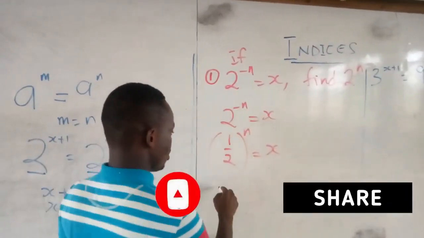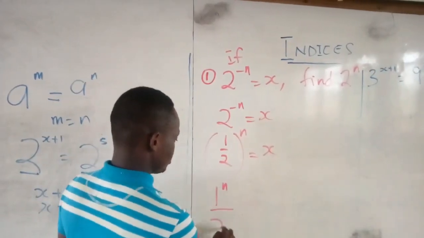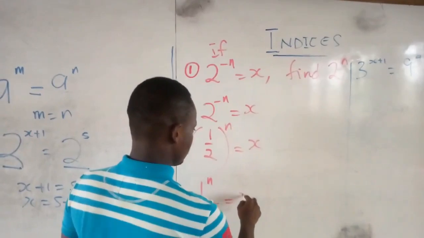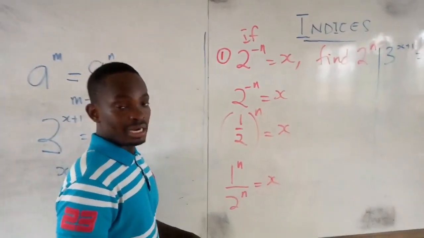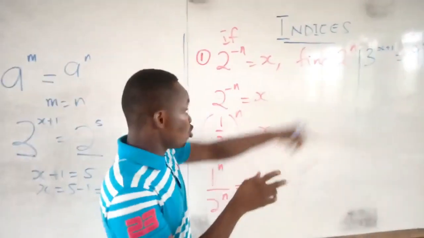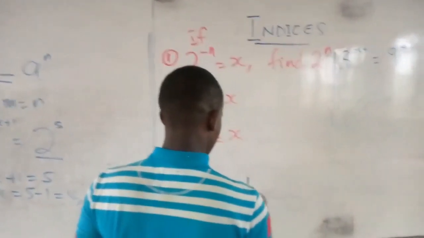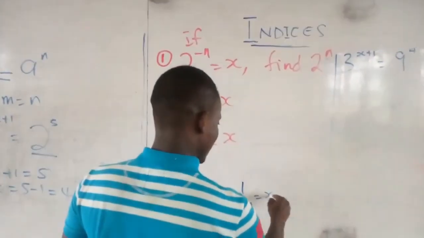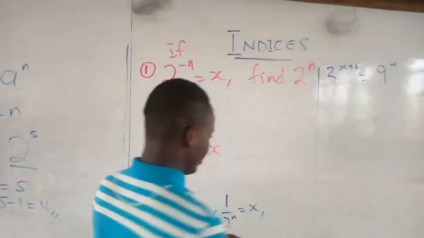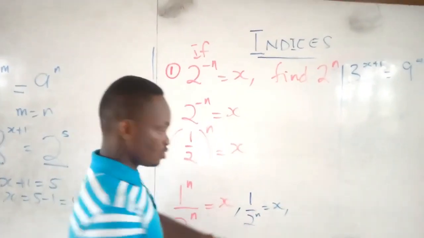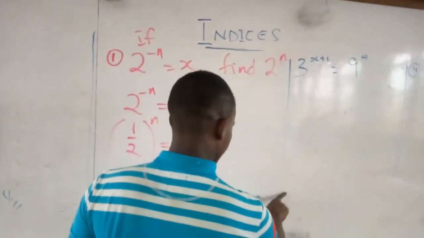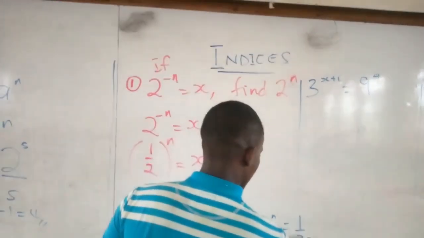So we have 1 over 2 to the power n equals x. Now what do I want? I want 2 power n. So this becomes 1 over 2 to the power n equals x. Then we want to make 2 to the power n the subject. So we get 2 to the power n equals 1 over x.